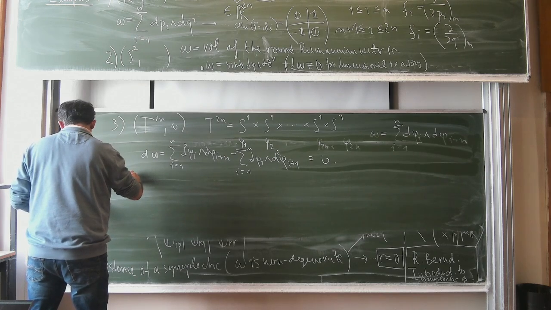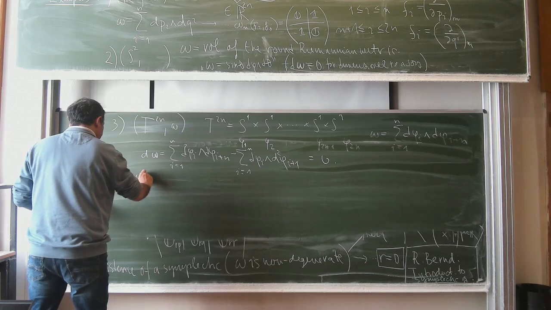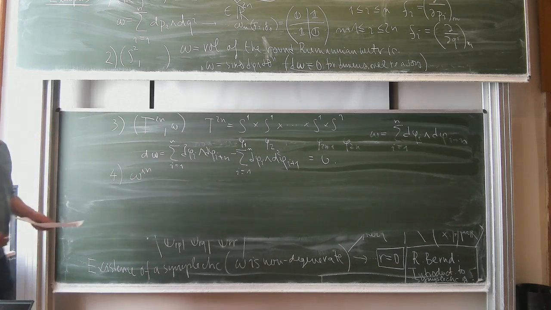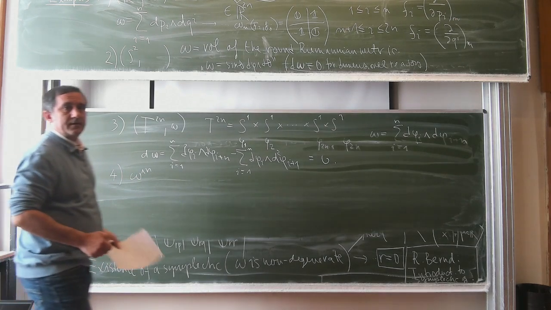So it is a question of multilinear algebra to compute the nth wedge product of omega. From non-degenerateness of omega, we get non-degenerateness of this highest degree form by induction.